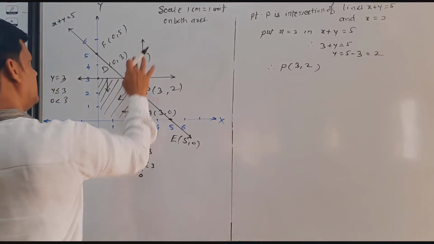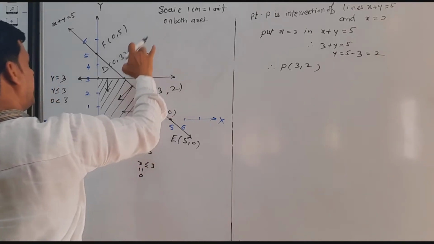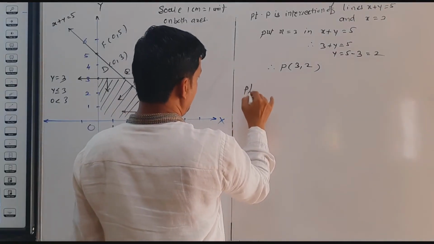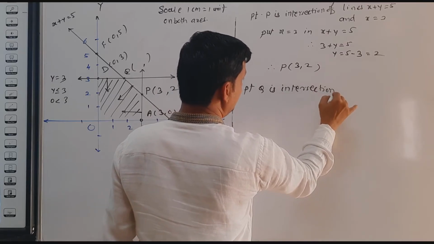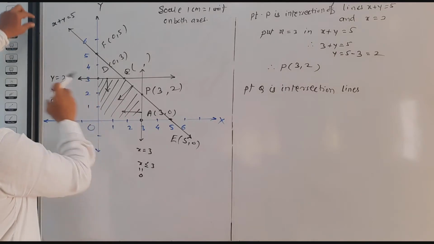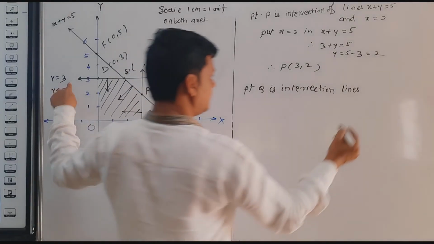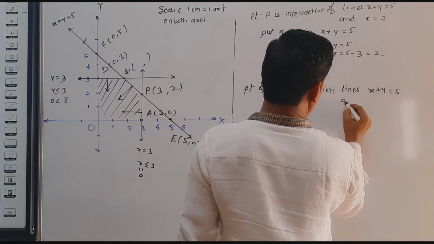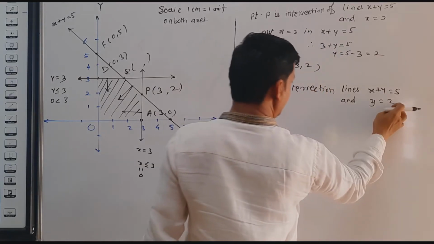Then we have to find the coordinate of this point Q. So we write here, point Q is the intersection of lines x plus y equals 5 and y equals 3.